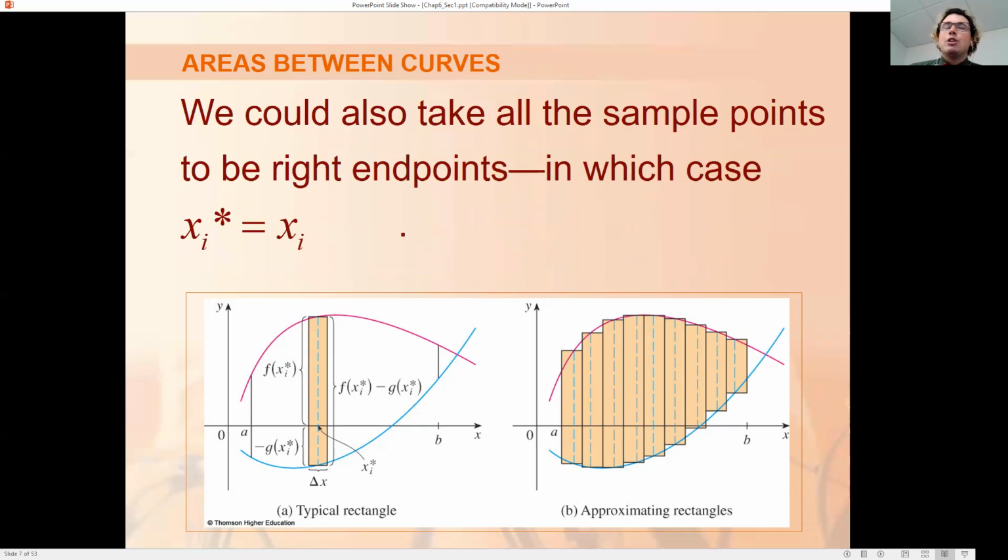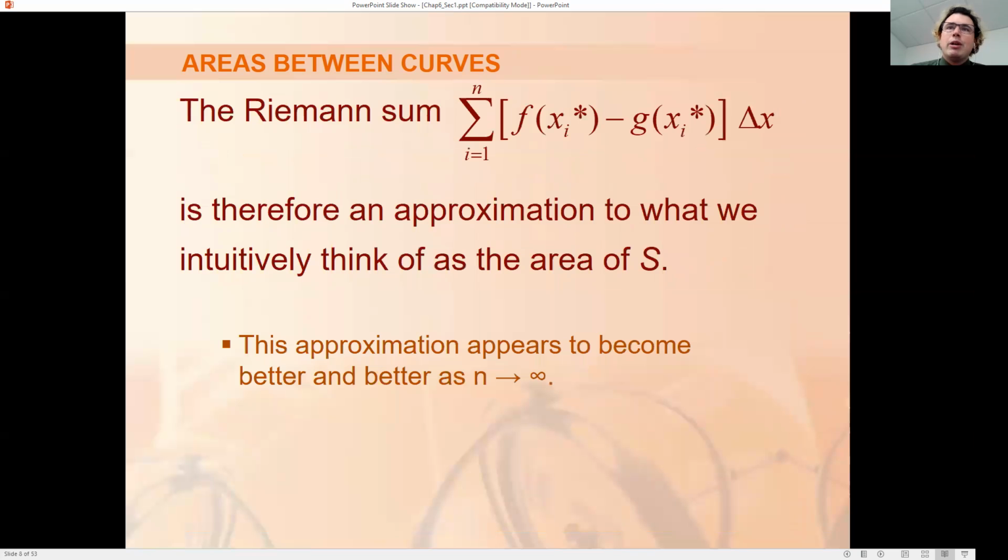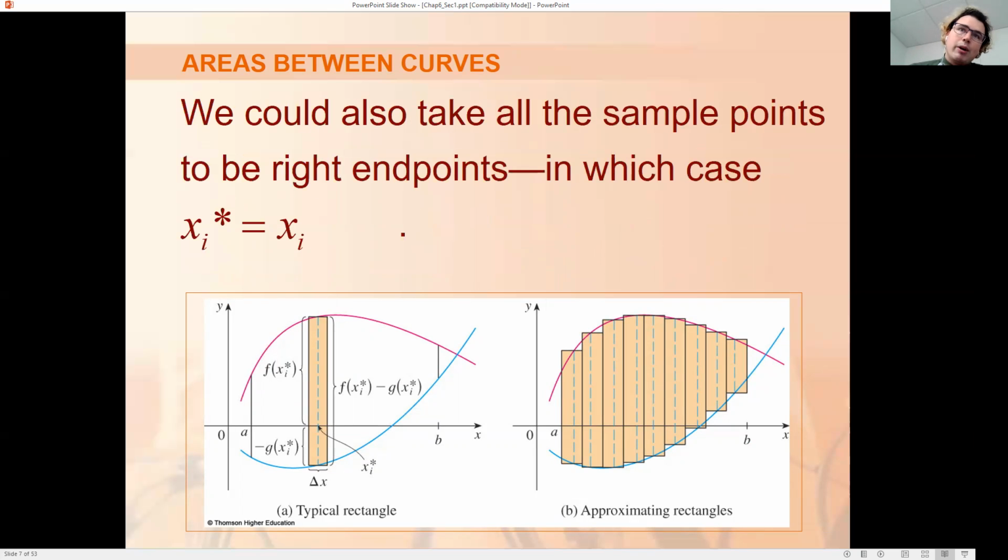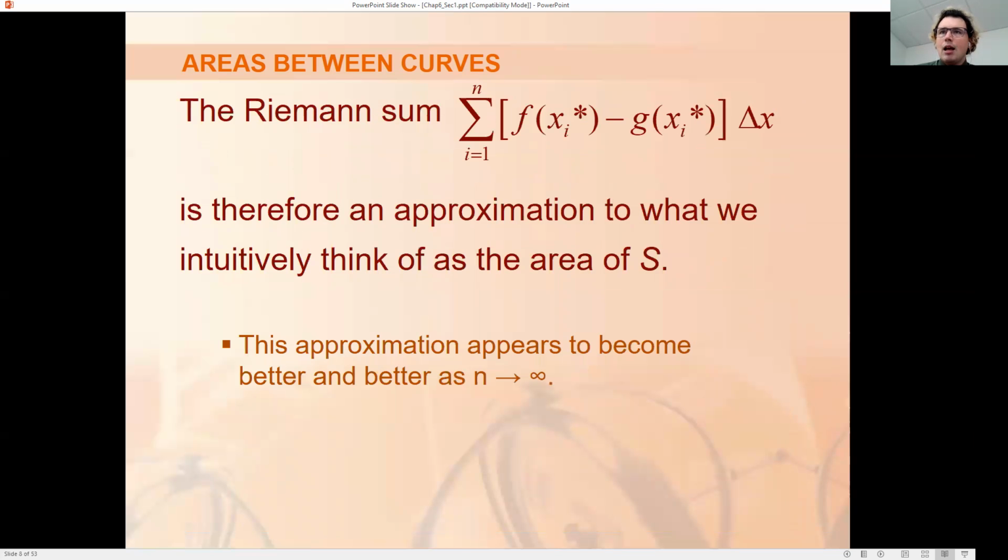So we can choose what kind of sampling we want to do. No matter which version of sampling that we choose, there is going to be some approximation error. We can do left-hand endpoints, right-hand endpoints, or midpoints. Those are all fine ways to work on Riemann sums. But whatever we choose, the approximated area is this Riemann sum formula.